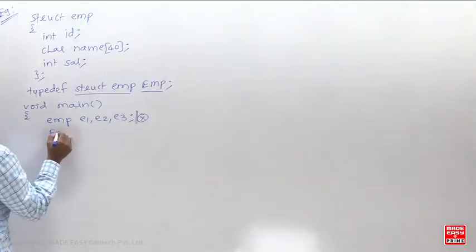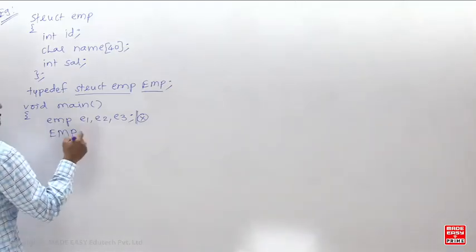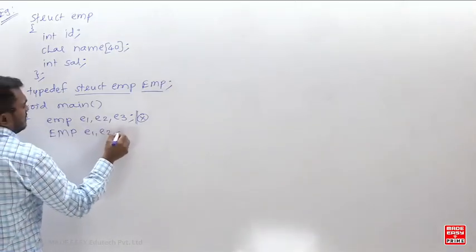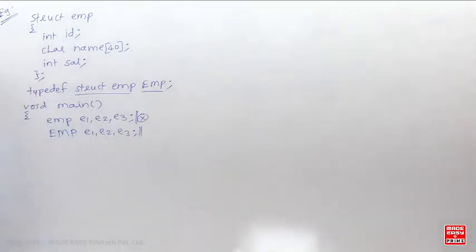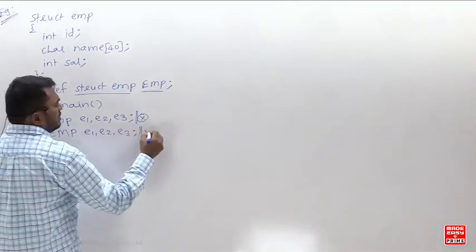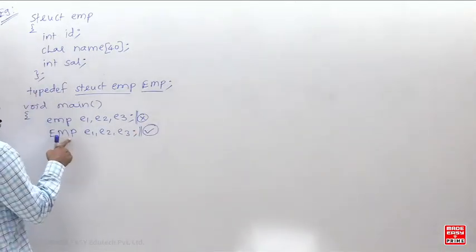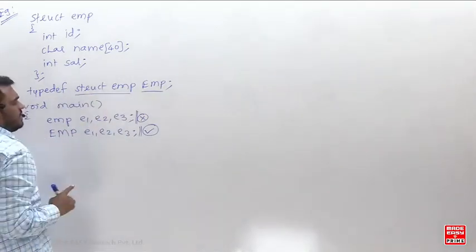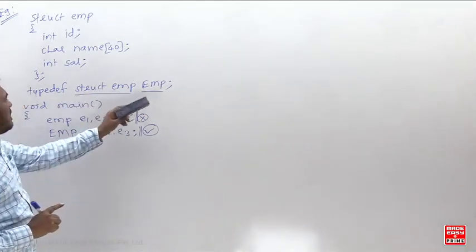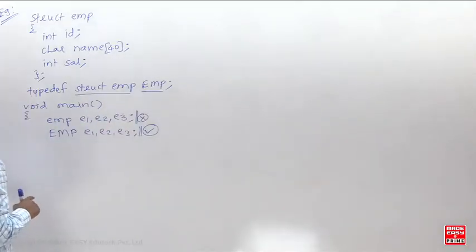Okay, next. Now if I write capital EMP, E1, E2, E3, is this allowed or not allowed? This is allowed, no problem, because whenever you write capital EMP, that will be replaced with struct EMP. Fine.